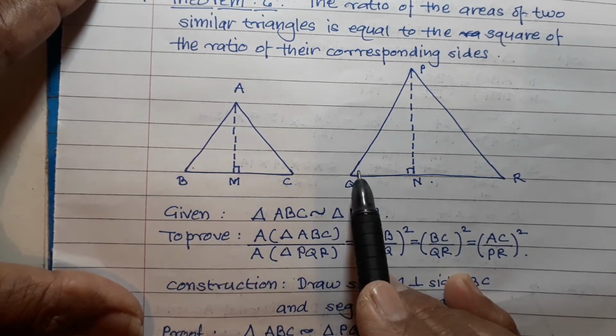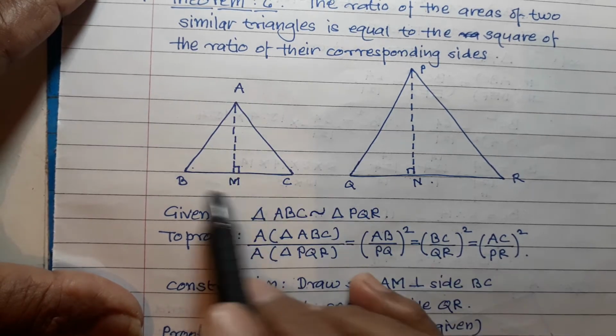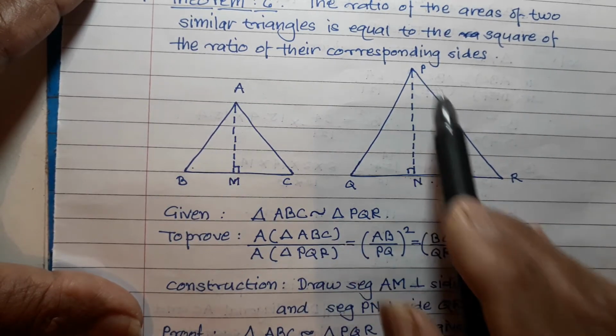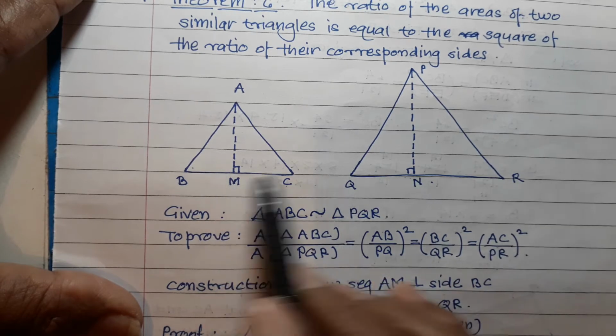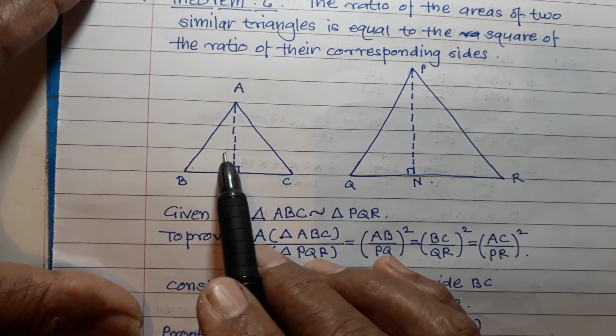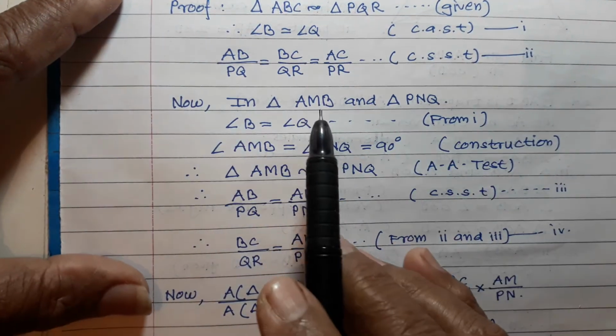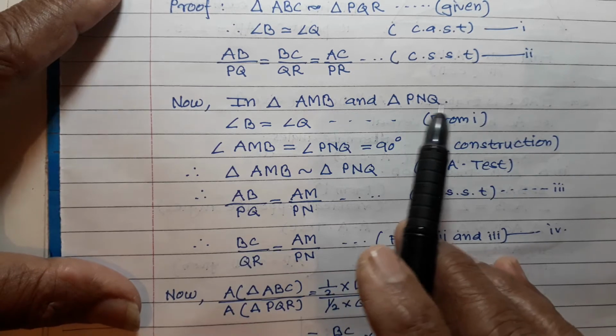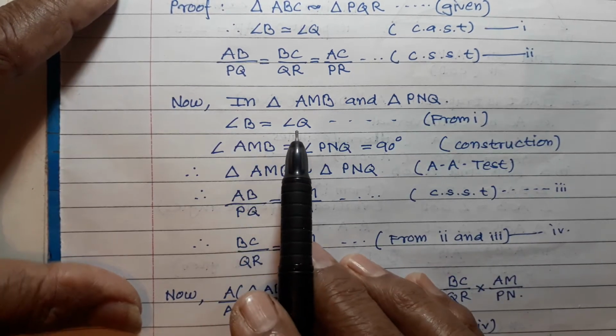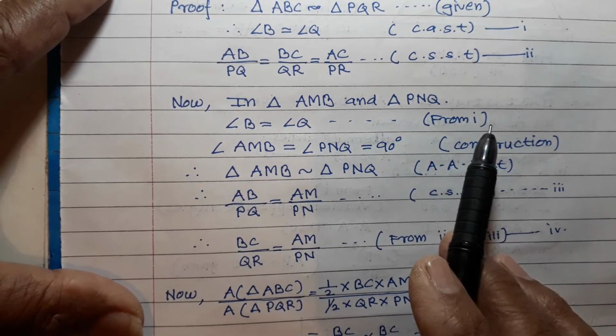Now, in triangle AMB and triangle PNQ, angle B is equal to angle Q and angle AMB is equal to angle PNQ. Both are 90 degrees, and therefore these two triangles are similar. Okay. Now, in triangle AMB and triangle PNQ, angle B is equal to angle Q from 1.